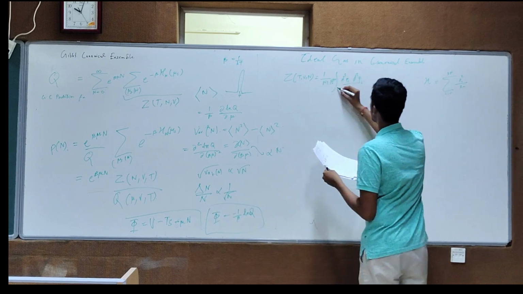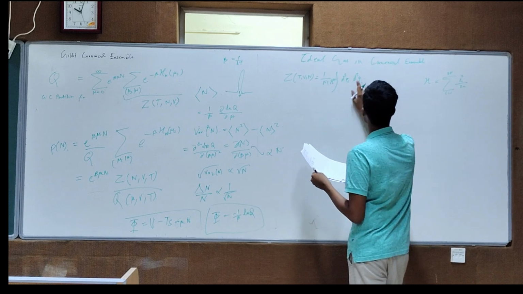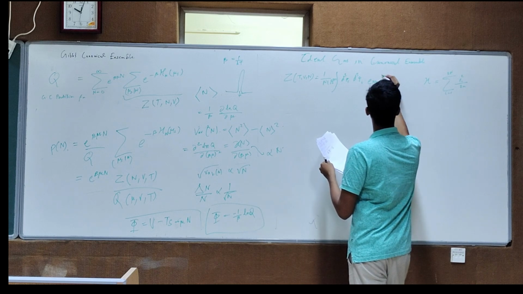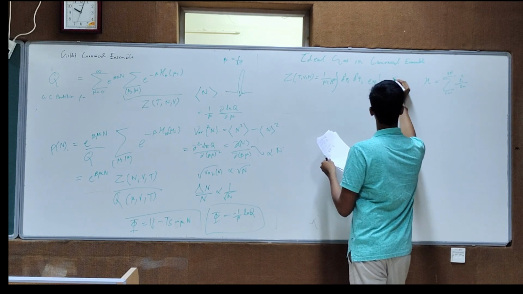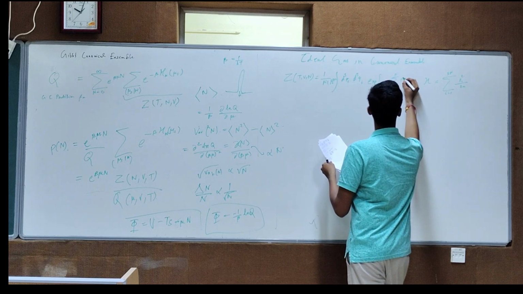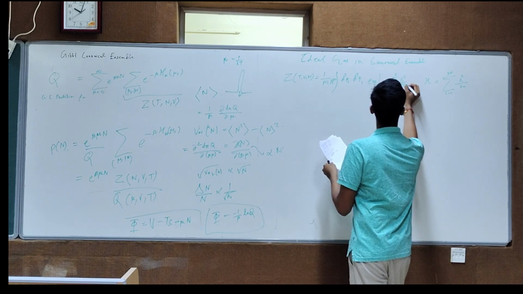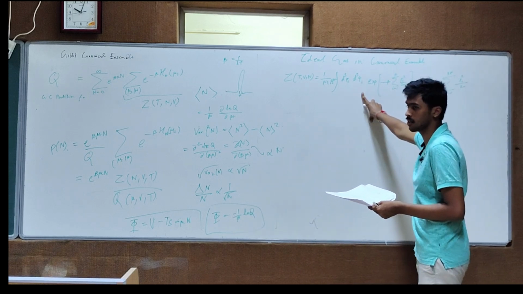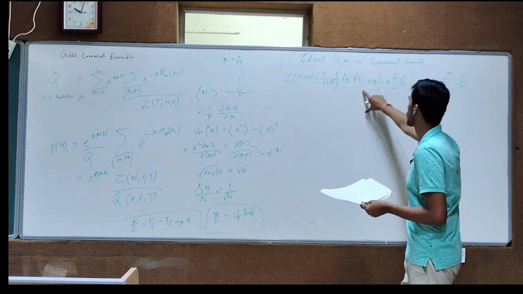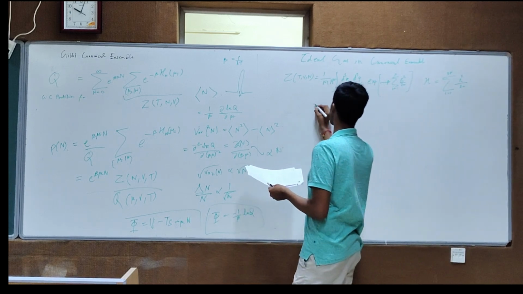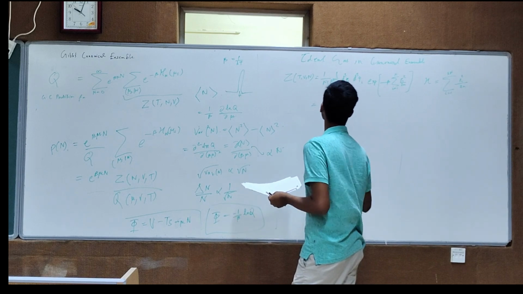For the volume part, the integral over q_i would just give you the volumes. So you'll have one volume for each i, and this would be basically V to the power n.